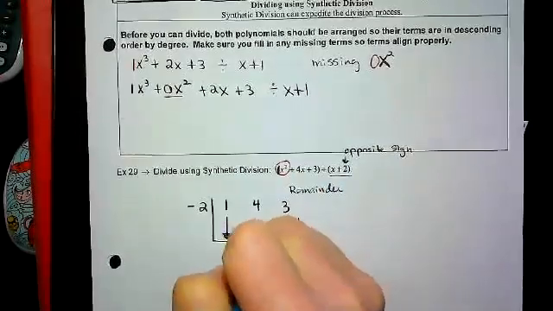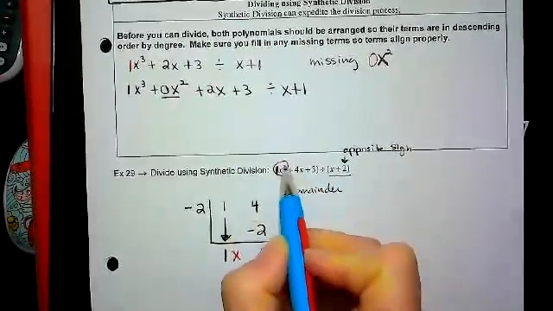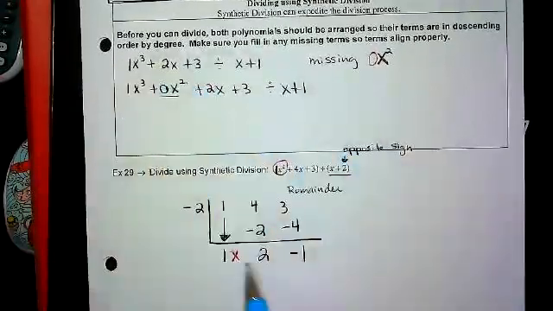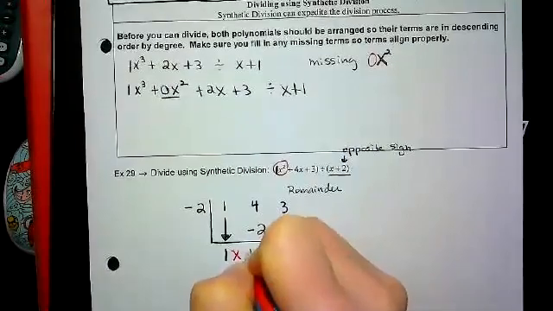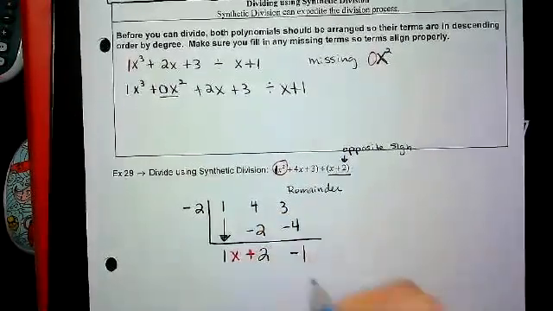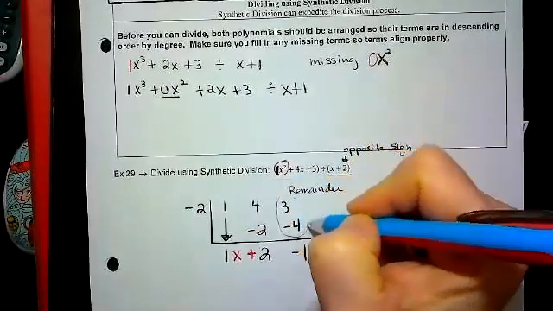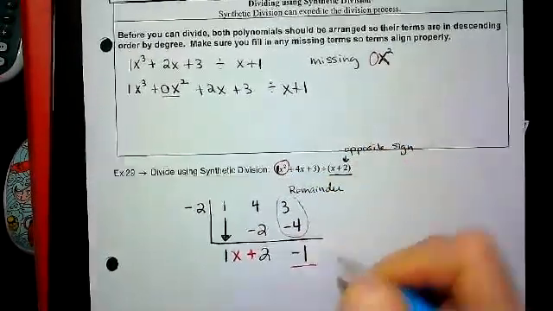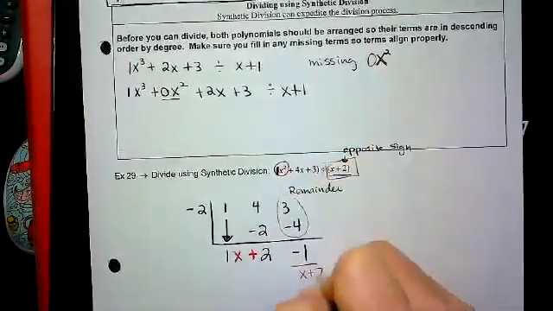X to the understood 1. So that's going to be 1 less of whatever that was. If this was x cubed, you would have started with x squared down here. Since this is a positive 2, we need to put a plus sign between it. And then because this is the remainder area, we need to put that over what you would have been dividing by. So x plus 2.